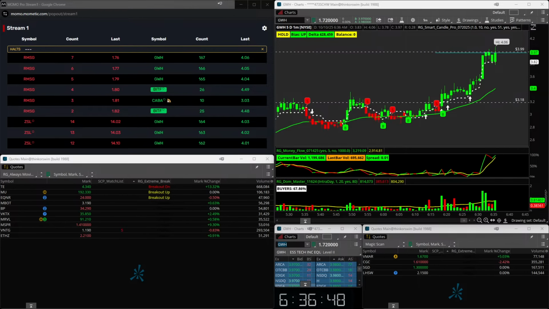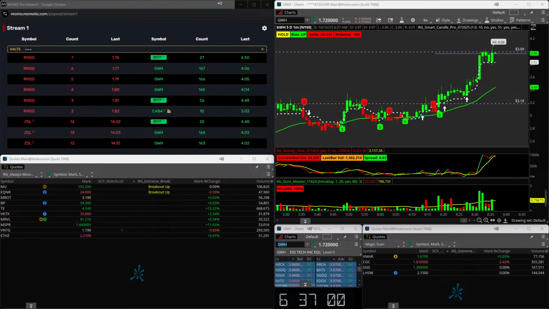Looks kind of weak. Let's see if the buyers will jump in and push it. This is their opportunity. Money flows red. Don't look like we have the buyers.